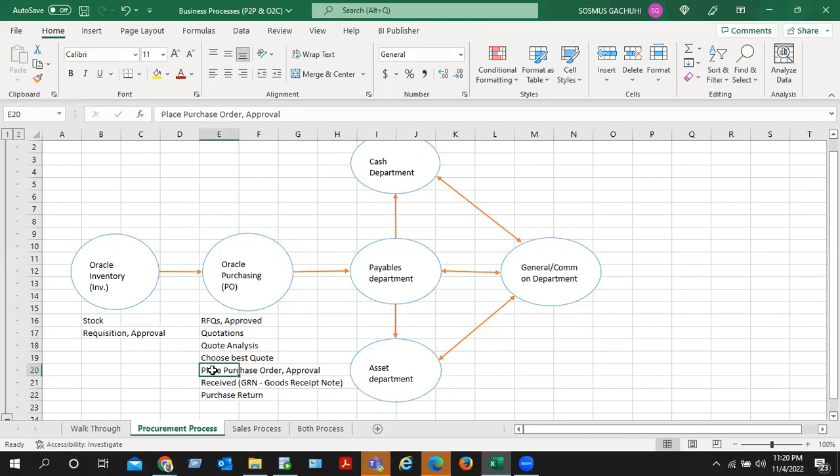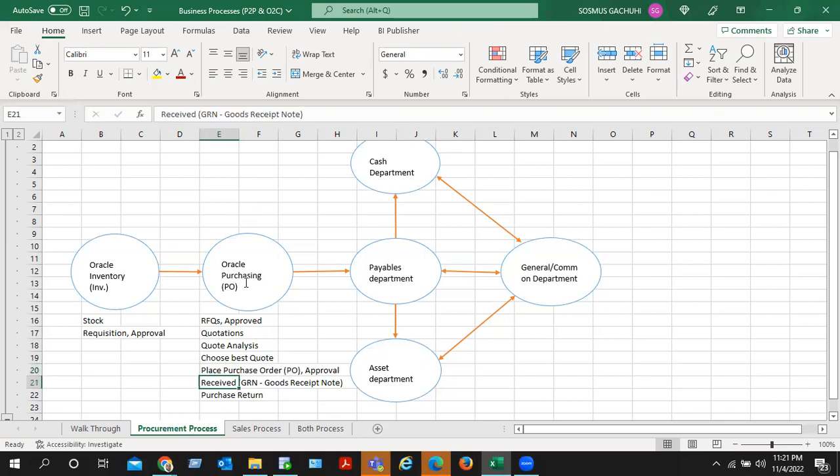So we have PO in the form of a transaction, which is the document. It's also referred to as PO. Then, from the angle of an application, Oracle Purchasing is also referred to as PO. Note the difference. There's a PO when referring to the transaction document, and also a PO when referring to Oracle Purchasing as an application.